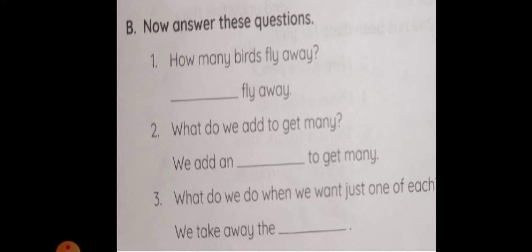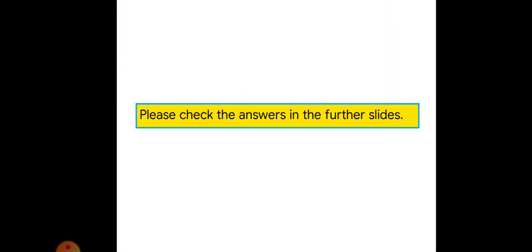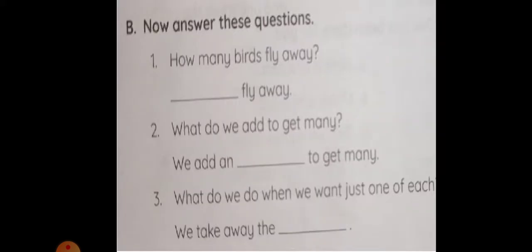flew away. See here children, a small mistake is printed in the textbook. That's why you need to rectify it. See, in the blank you need to write one, and then round off fly and write flew. One flew away.